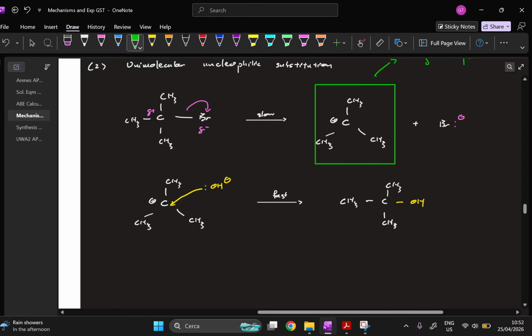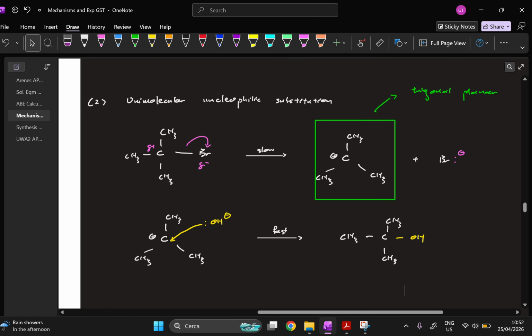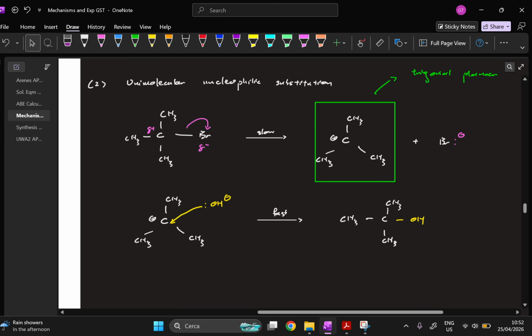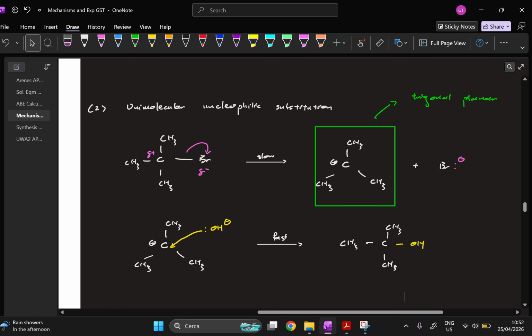The OH minus nucleophile can actually attack this from either the top or the bottom of the plane with equal probability. But we are familiar with this line of reasoning, as I said earlier, when we were talking about chiral or racemic product mixtures from electrophilic addition. But is this carbon chiral? No, right? Because I have 3 alkyl groups.